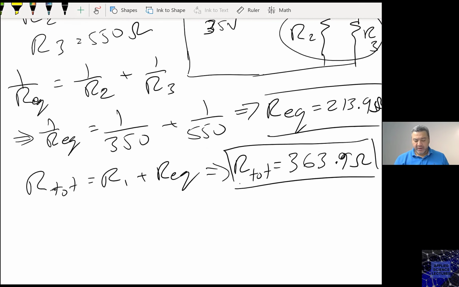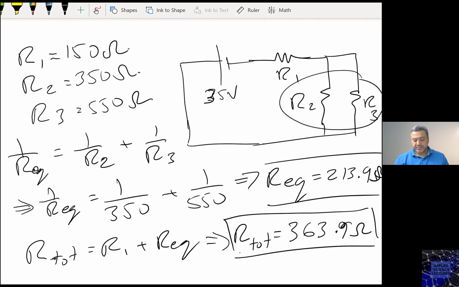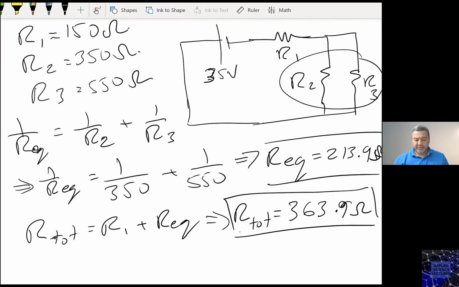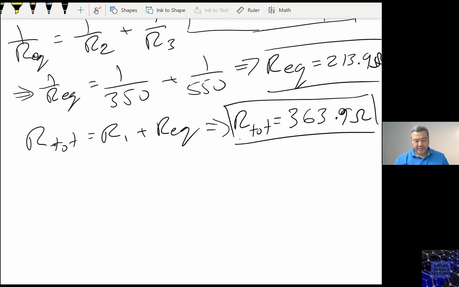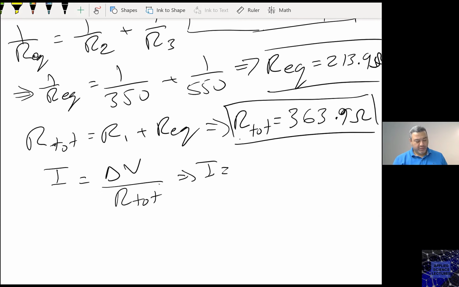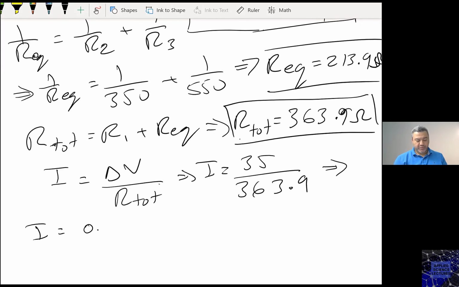Then I can now find the total current going through this R. From Ohm's law, I equals delta V divided by R total, or I equals delta V, which is 35, divided by 363.9, and then I equals 0.096 ampere.